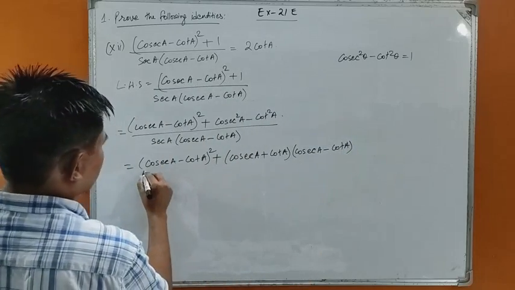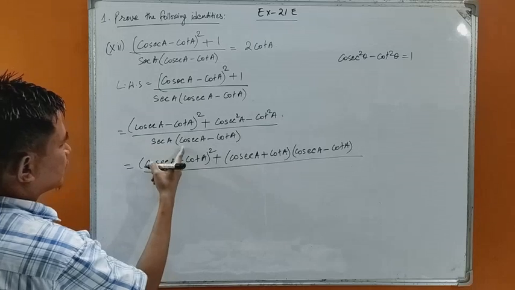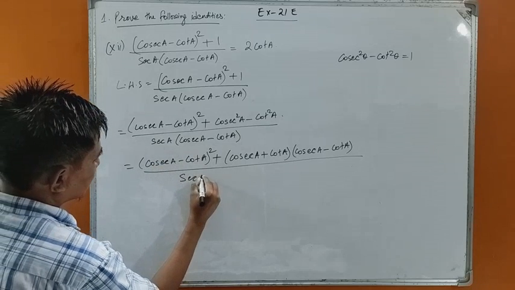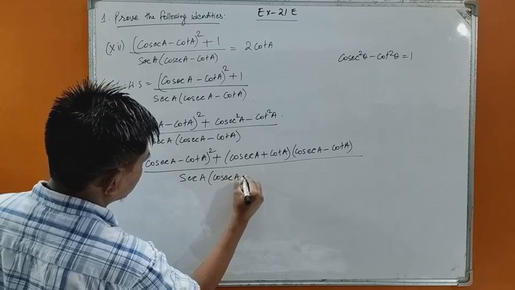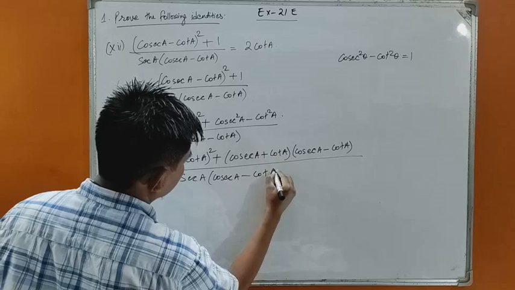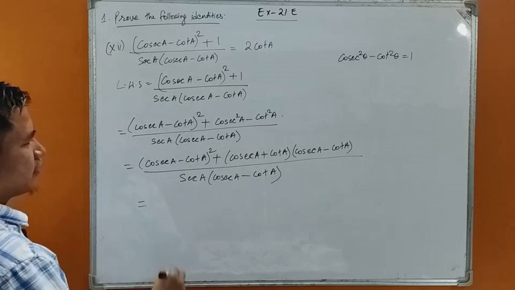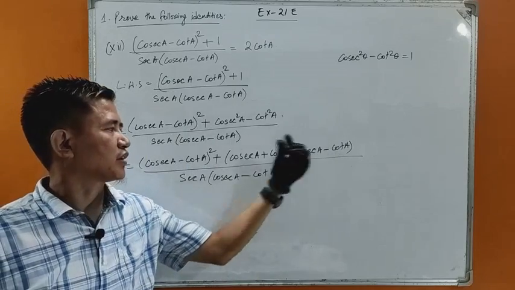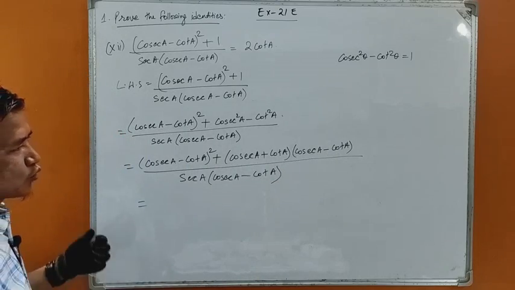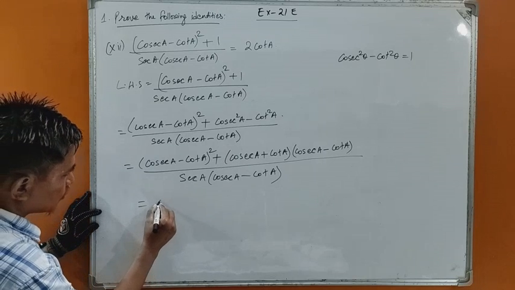Okay, in the denominator we have sec A into (cosec A minus cot A). Now you can see cosec A minus cot A here, also cosec A minus cot A. So let us take cosec A minus cot A common.